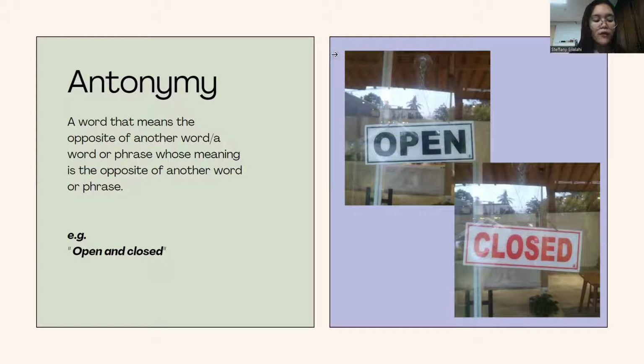Also, the negative of one member of a non-gradable pair does imply the other member. So I found the phenomenon of antonyms in the sign open and close. Open is an antonym that has the opposite meaning to close.